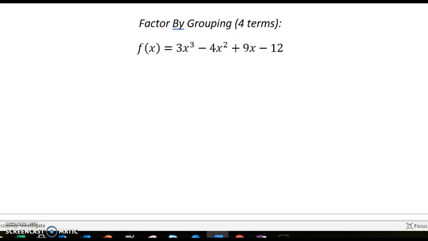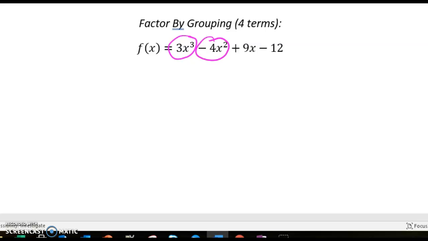The last type of problem we're going to do is a factor by grouping. We know we're going to do factor by grouping when we have 4 terms. And we group the first 2 terms, group the back 2 terms. We factor out a GCF in the first 2, which would be x squared.